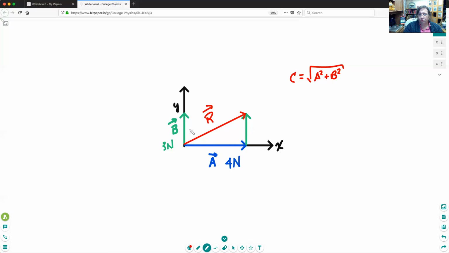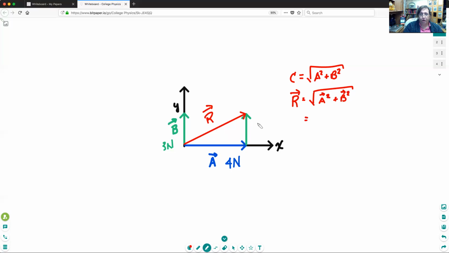Now, putting that in the terms we've got here, my resultant vector R will be equal to the square root of vector A squared plus vector B squared.